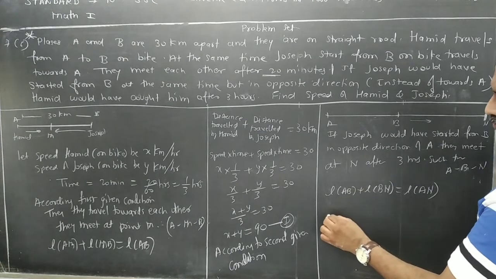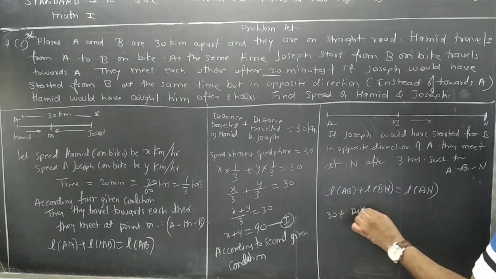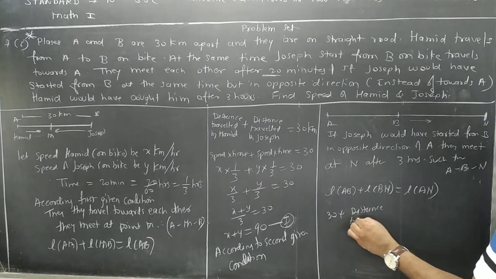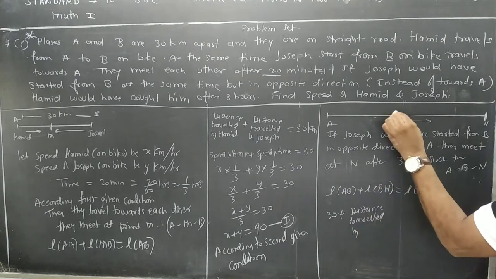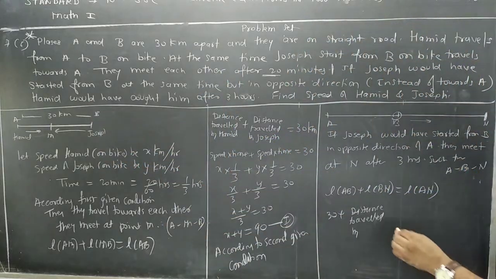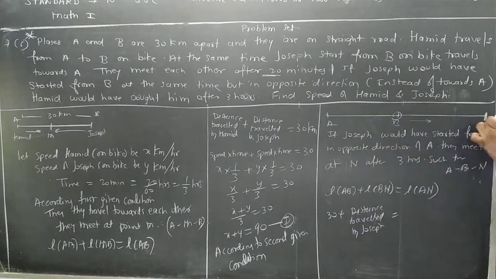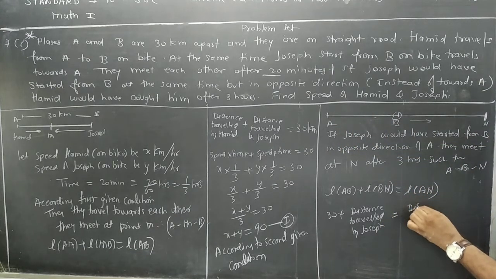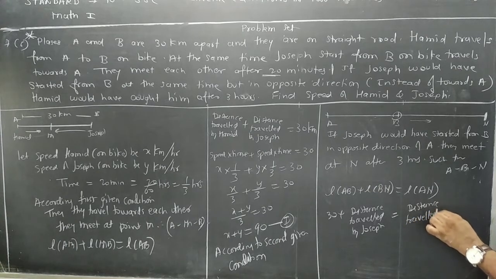So this I know. This 30 plus this is the distance traveled by whom? Who started from here? Joseph. So by Joseph is equal to what is AN? AN is the distance traveled by whom?